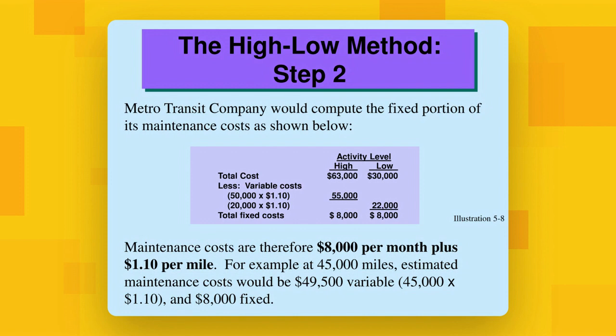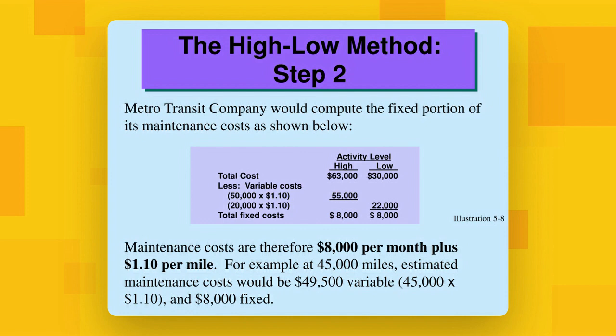So Metro Transit Company would compute the fixed portion of its maintenance costs. For the activity level, go first with the high. What's the cost? The cost of the highest activity, 63,000. What would be the variable cost? Activity multiplied by your variable cost per unit.